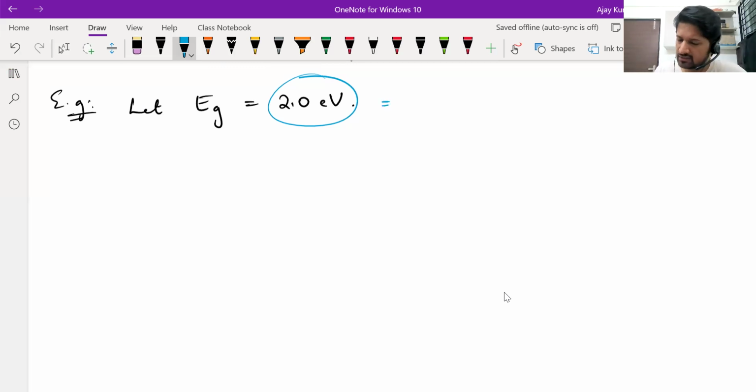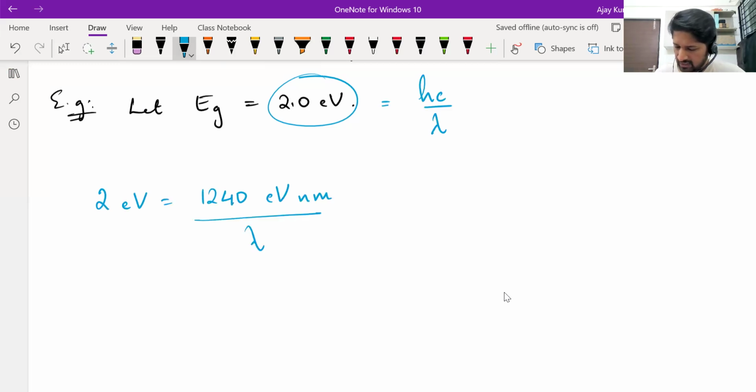Now, how do you calculate the energy of a photon? hc by lambda. You know hc is 1240 electron volt nanometer, divided by lambda in nanometers.